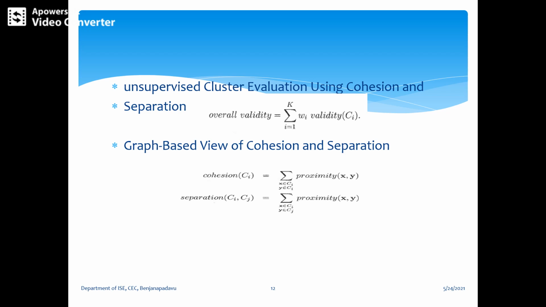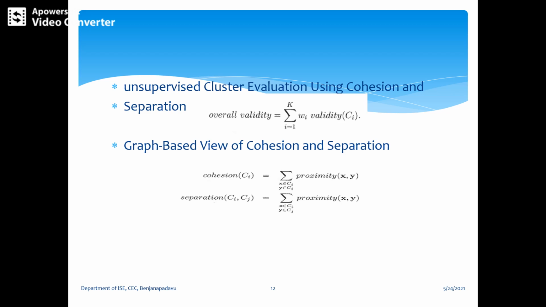So here, many internal measures of cluster validity for partitional clustering schemes are based on the notions of cohesion or separation. Here, in the process, we will see some interesting relationships between prototype-based and graph-based clustering.